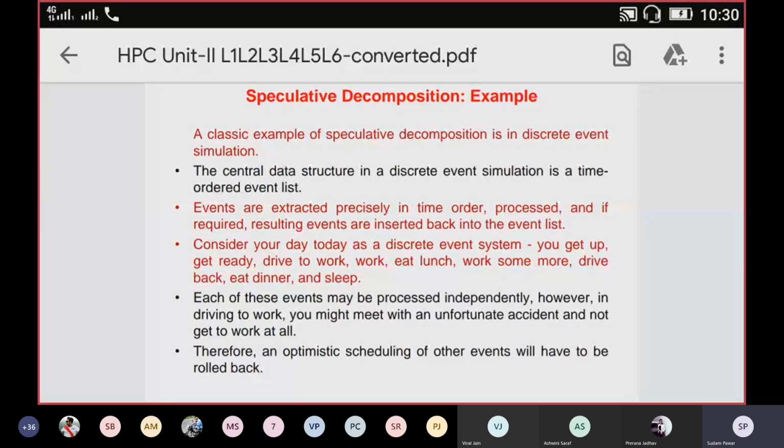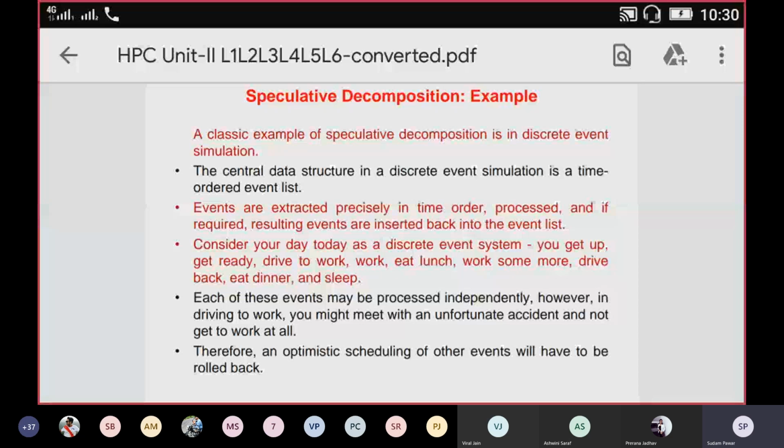Today's event sequence: you get up, get ready for the office or college, drive to work or college, attend classes and practicals, eat lunch, study or work for some time, complete assignments, then drive back home, eat dinner and sleep.